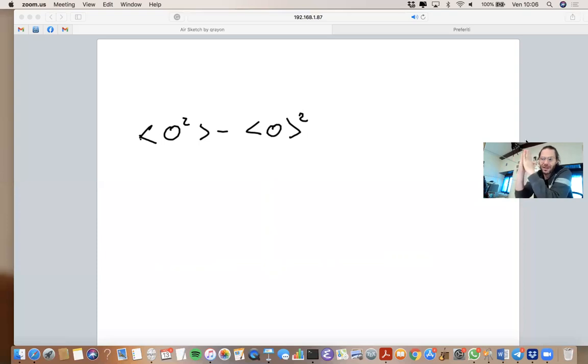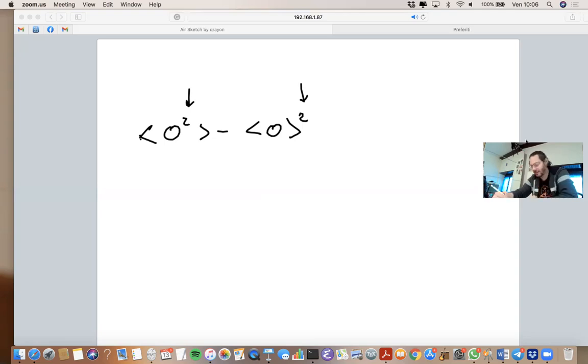The standard deviation tells me the first estimate of how wide the distribution is. If the distribution is a Gaussian, that is all there is. If the distribution is not a Gaussian, you might have to consider higher powers of O and get higher moments, and all of them have to be 0 for the distribution to be completely concentrated on a point, right?